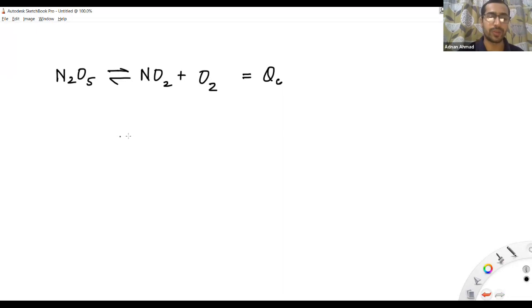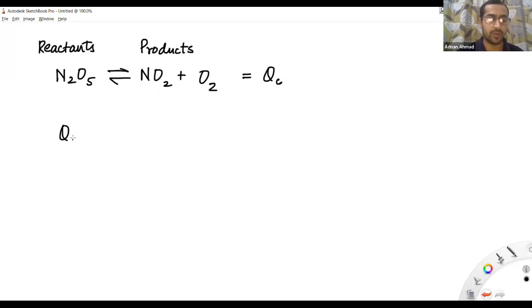So how do we do that? We have just seen that we need to write the products. So these are reactants, and these are our products. The products go on top, and the reactants are at the bottom, as the denominator.